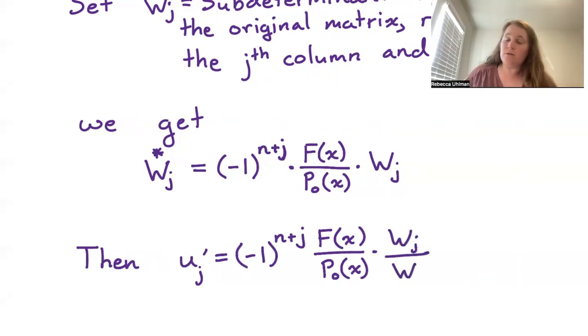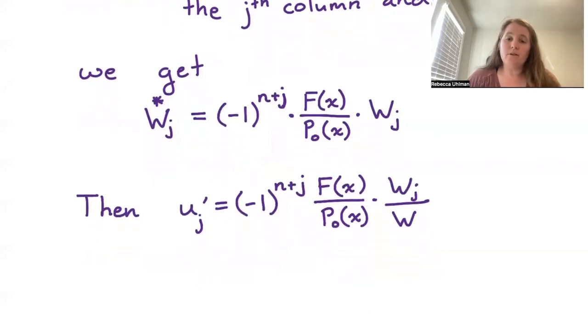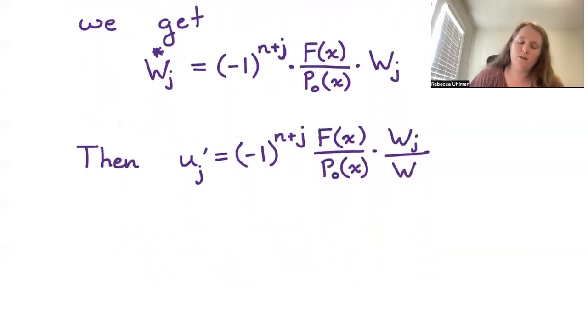So in order to solve for those ui primes, we just need our Wronskian matrix, the matrix for calculating the Wronskian, and we need to know the subdeterminants where we eliminate the last row and last column.